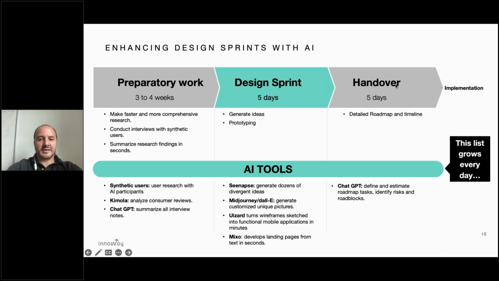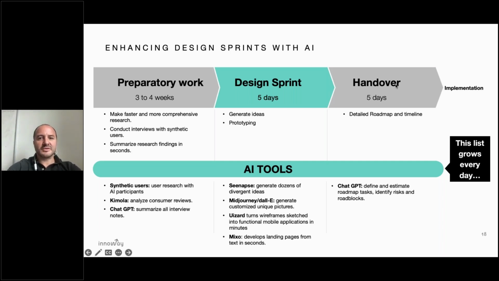Still in beta state, but these are the things that in the future we should expect to speed up the whole process. Other examples, you have Kimola, which can summarize the different feedback of your current products on different platforms. You can also use ChatGPT to ask them certain questions.